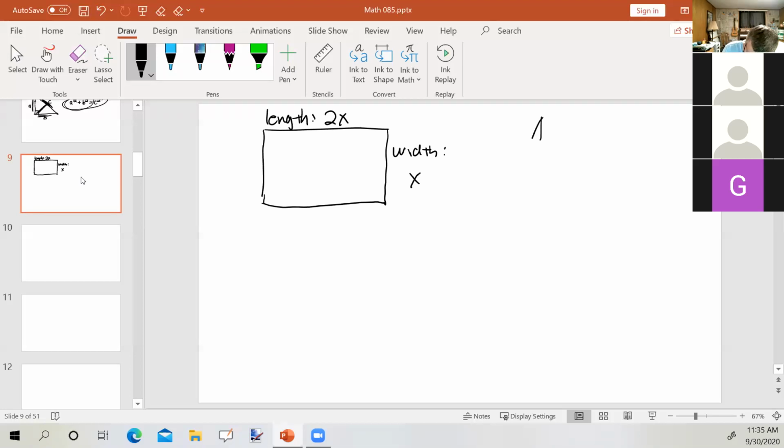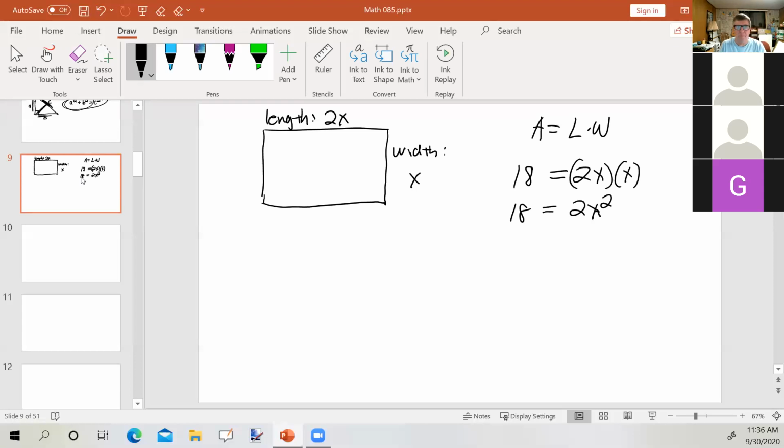Well, the area of a rectangle is a length times the width. We're told that the area is 18 square feet and area is length times width. So plugging all the numbers and the variables into the formula, we get that equation. Simplifying it further, we get 18 equals 2x squared.